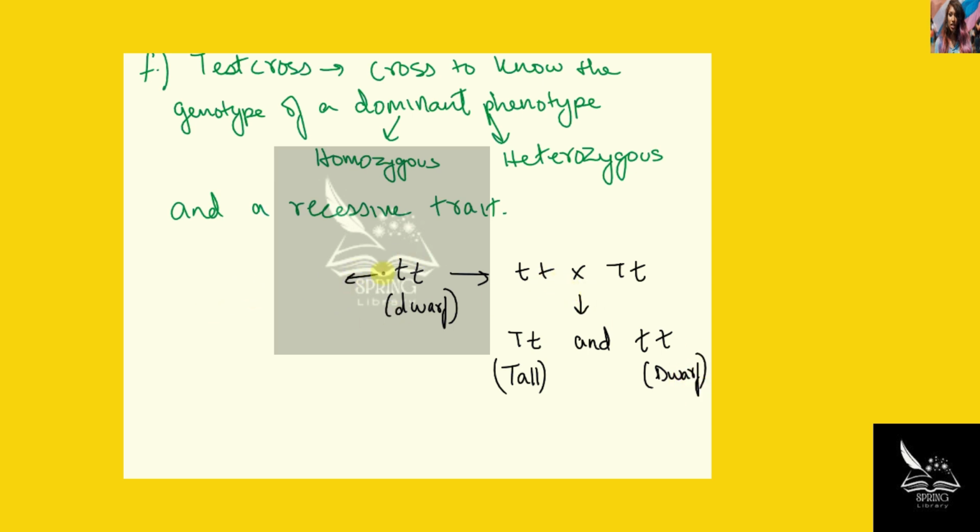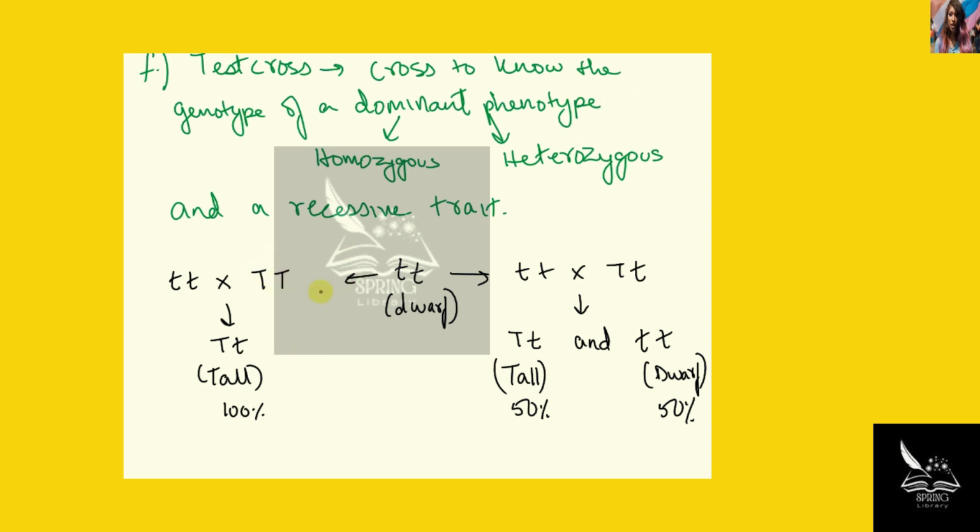And if we cross a recessive dwarf with a homozygous dominant, then all the offspring will be tall. Here we are getting 100% tall. Here it is 50% tall and 50% dwarf. So this is how a test cross is performed in order to know the genotype of the dominant phenotype.